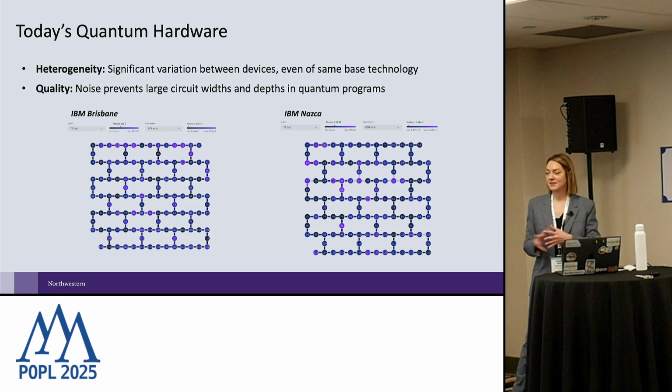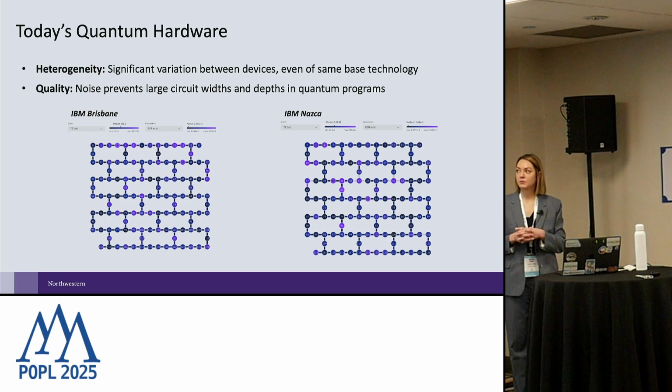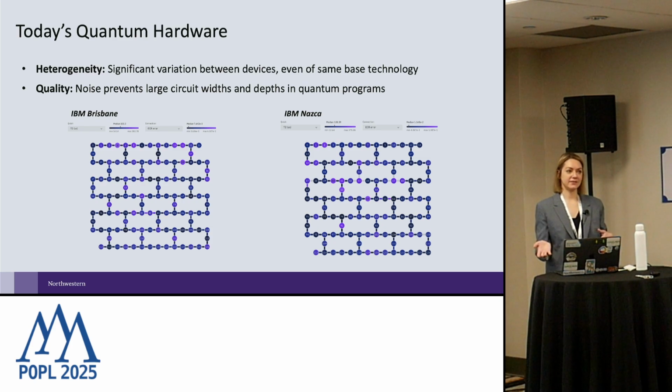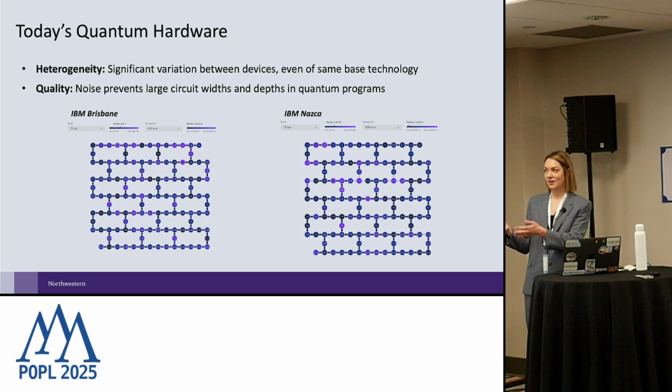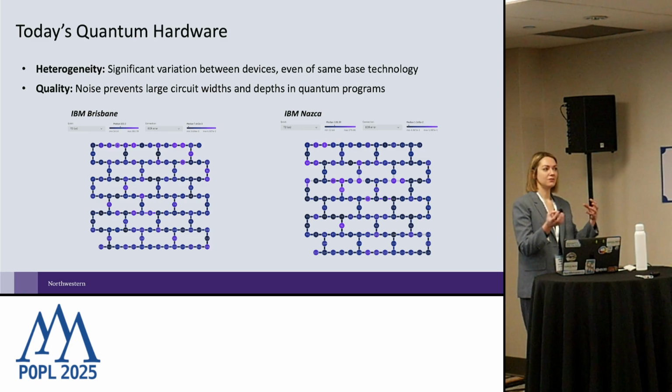That, along with this chaotic noise, really does prevent us from implementing circuits that are of modest size on devices that exist today, and one circuit description that might fit for one piece of hardware might not be the best for another.